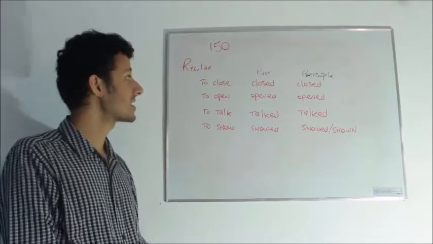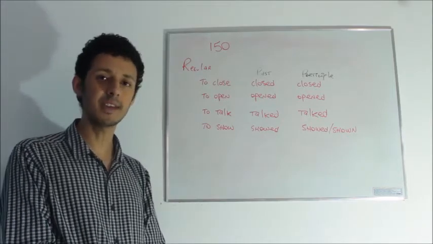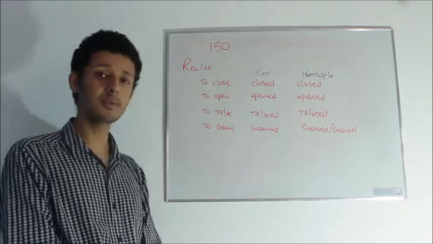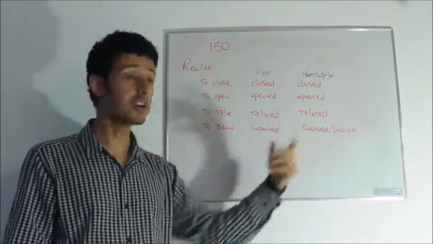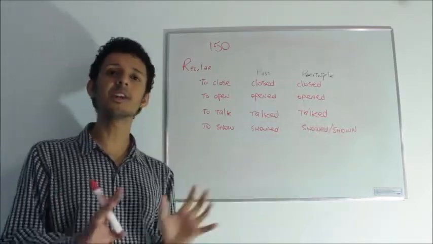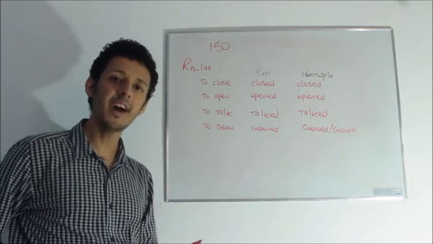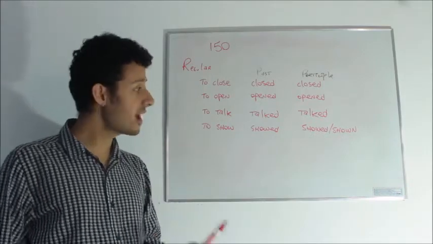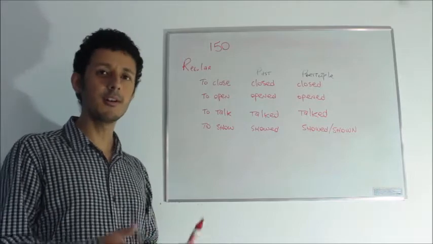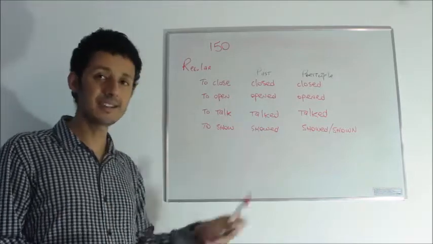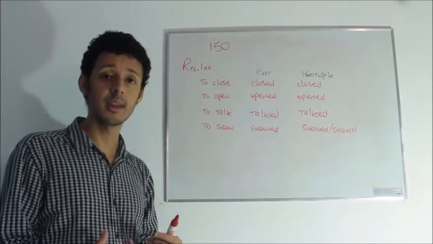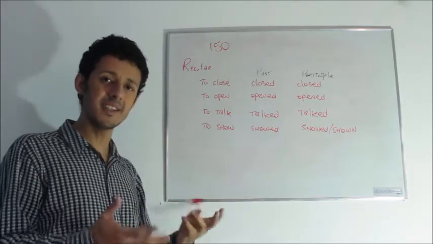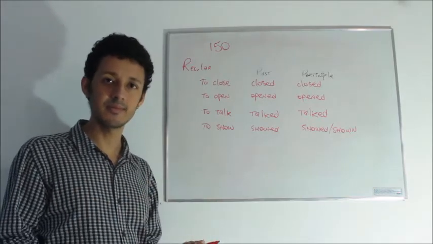To show has showed as past tense, but participle we have two options, showed or shown. So it is possible to find an irregular participle for a regular past, as it is the case for the verb to show. But again, this is an exception.